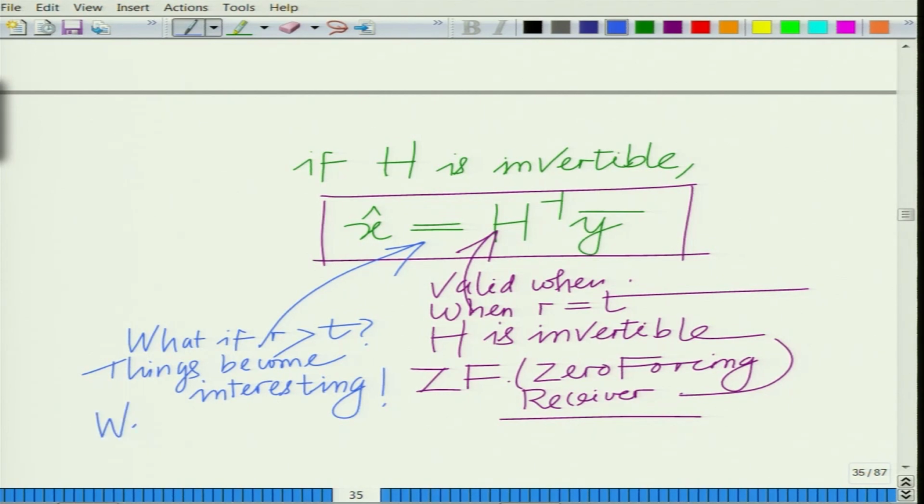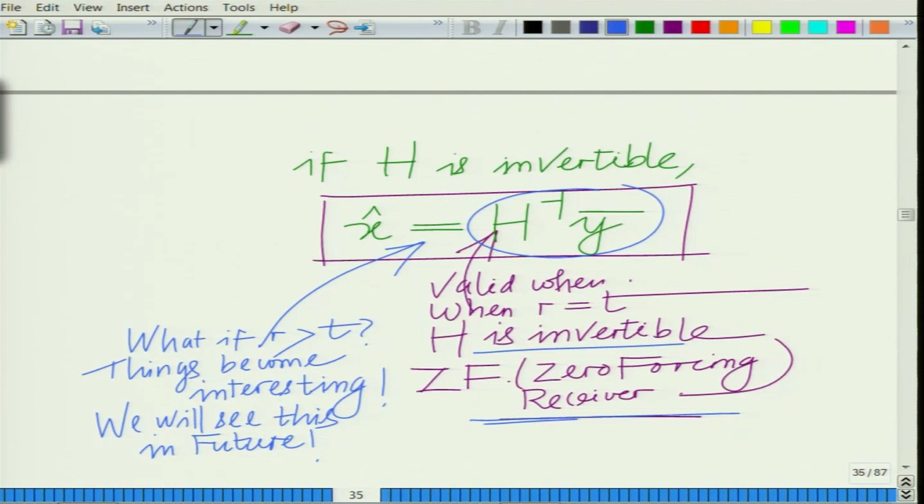We will see this in the future modules. Note that this particular application, that is your H inverse y, is valid when R equal to T and H is invertible, alright.